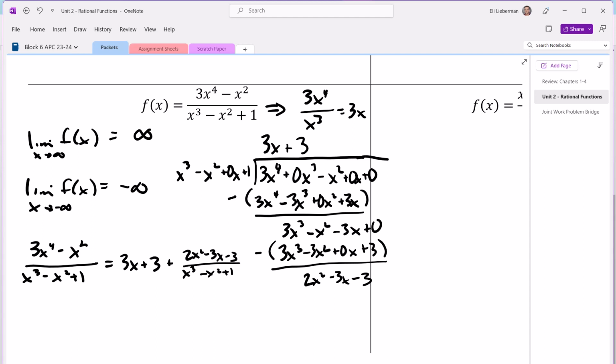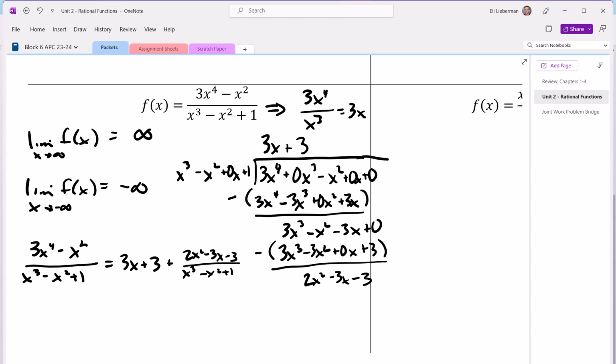We calculate this portion as x goes to infinity is equal to 0, which means for very large values of x, this function is basically this, which is our quotient portion. This is our oblique asymptote.